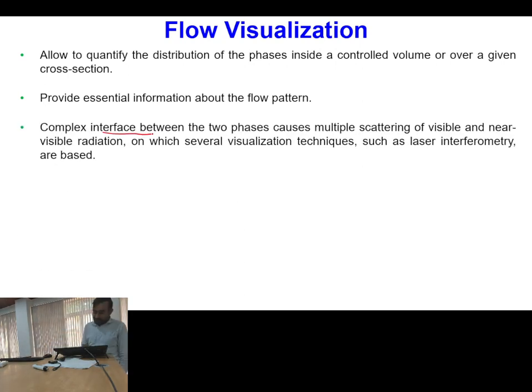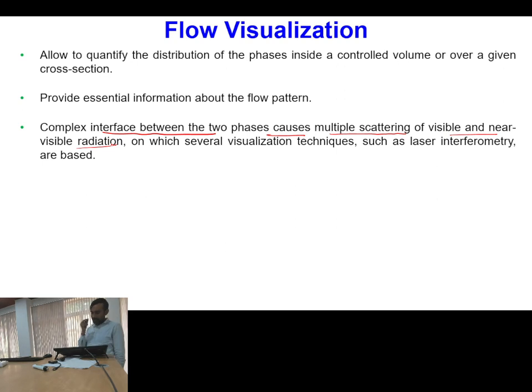If you have a complex interface between the two phases, then we will have multiple scattering of visible and near visible radiations, because the more the interface, at one point it will be reflecting, scattering, so many things will be happening.